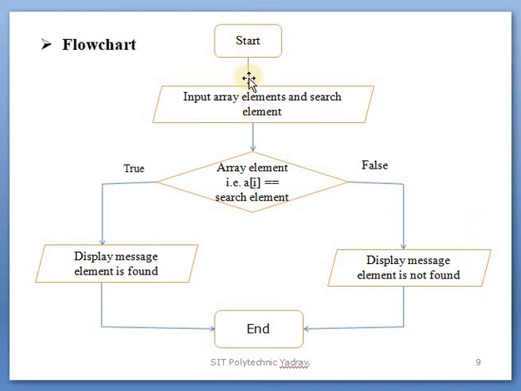These basic symbols are enough for your flowchart: rounded rectangle, diamond, arrow, and parallelogram. Parallelogram for input and output, rounded rectangle for start and end, and diamond for conditions.